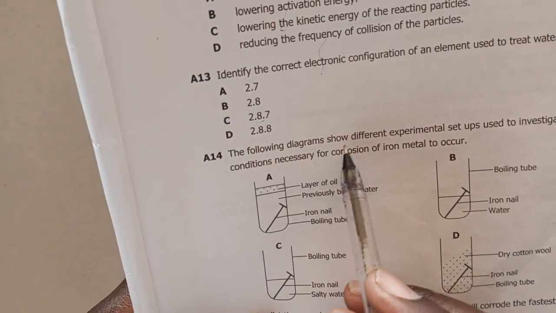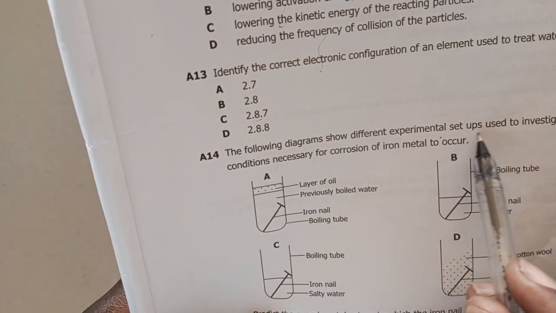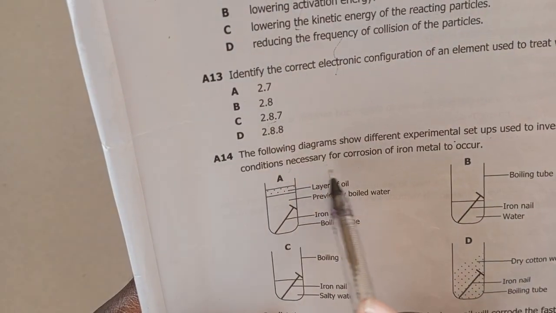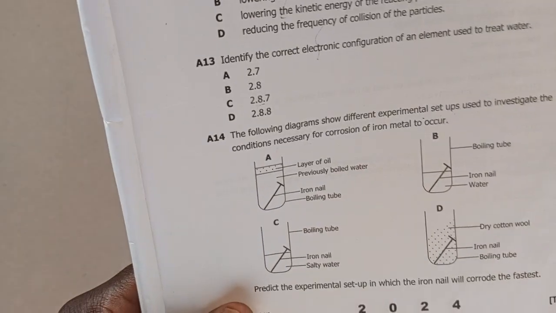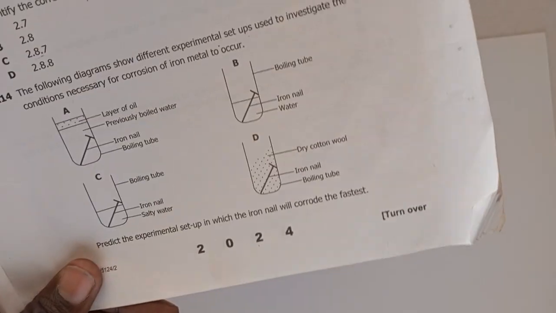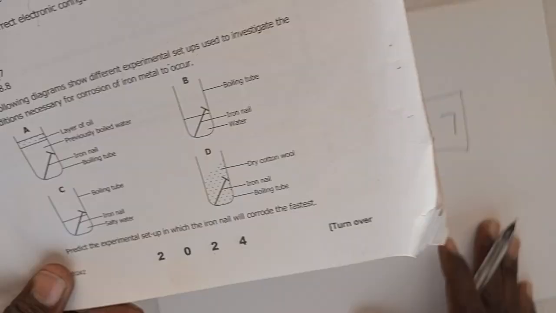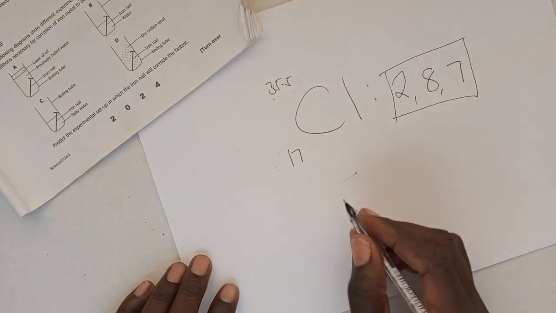Let's go to question 14. The following diagrams show different experimental setups used to investigate the conditions necessary for corrosion of iron metal to occur. Okay, so iron metal basically corrodes under the following conditions.